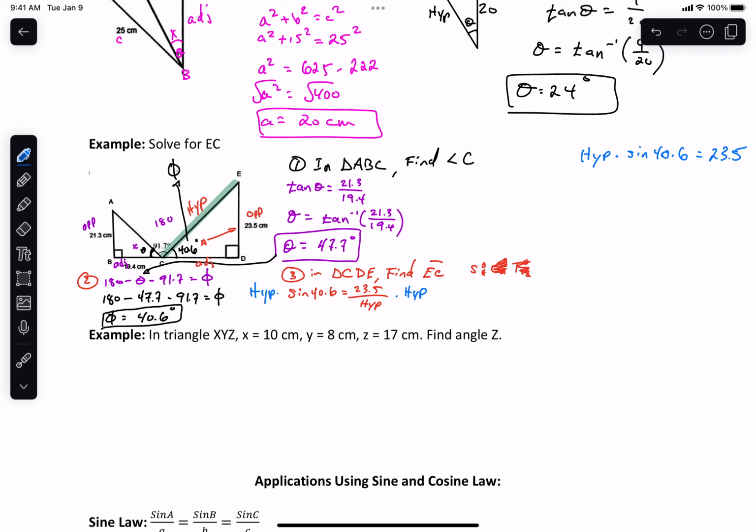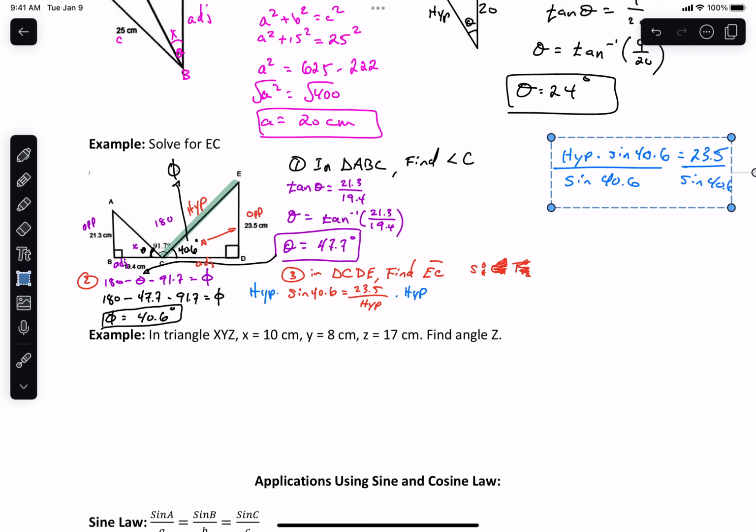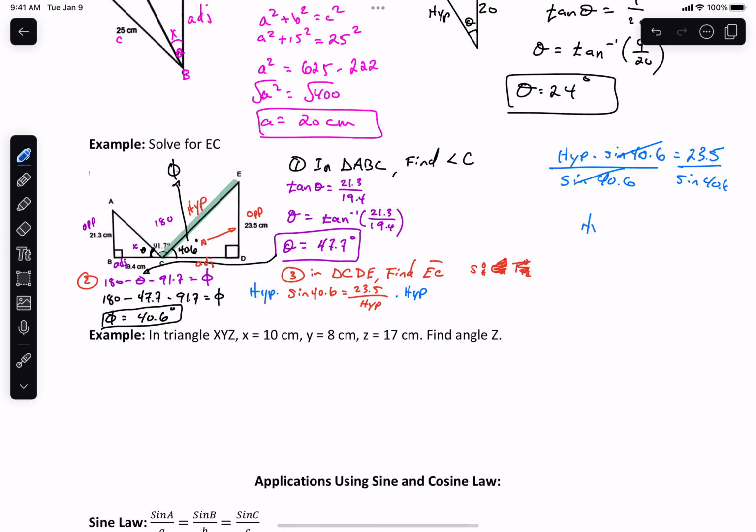Having that unknown thing in the denominator of the ratio is a bit of a problem. Not a big one, but an annoyance. So how would I get the hypotenuse by itself now in that blue line? Gabe? Divide both sides by sine 40.6. Yeah, you divide both sides by sine 40.6. Sine 40s drop out. You're left with the hypotenuse.